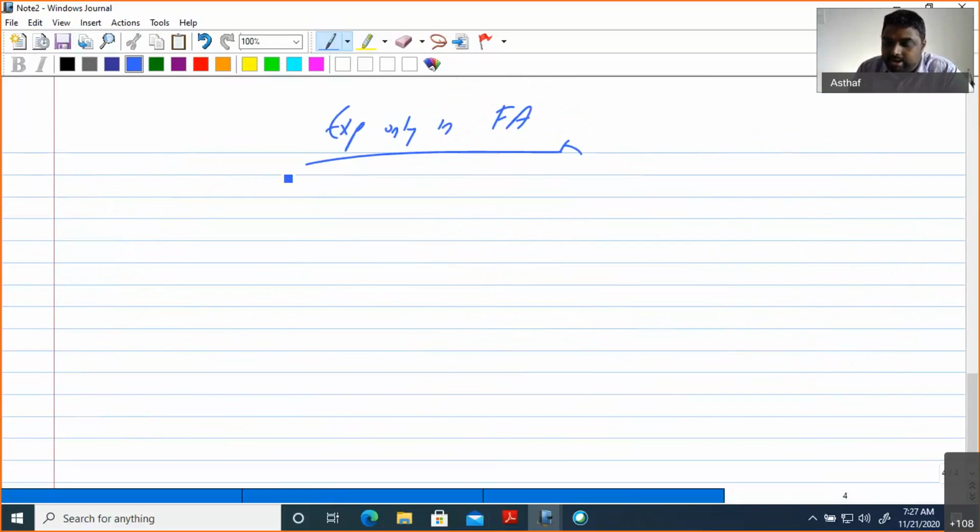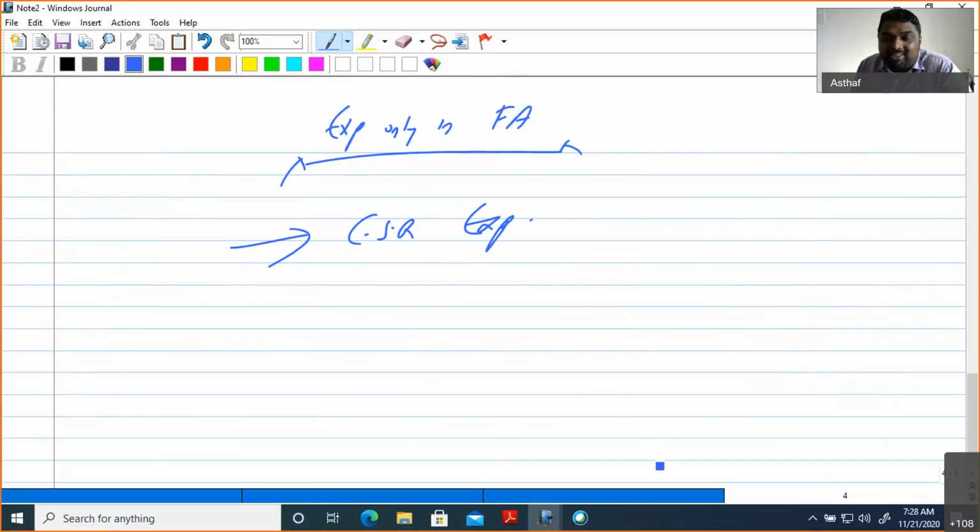There are some additional expenses, for example CSR expenses and all. These are all recently added items, so all these new items of expenses will also be tested. So it is not just like your intermediate profit reconciliation. Here there will be a little bit of history also in your question. While doing the problem, you will get more clarity.